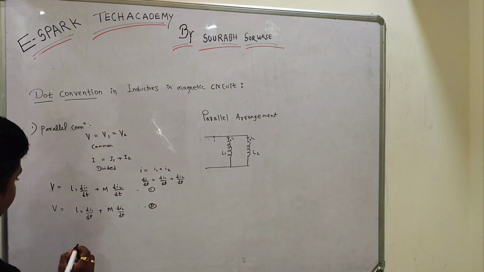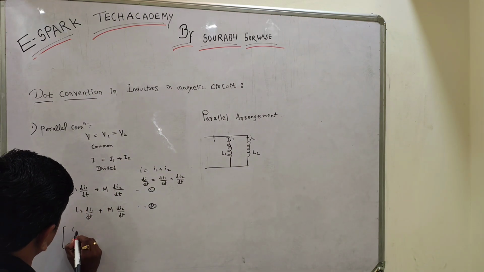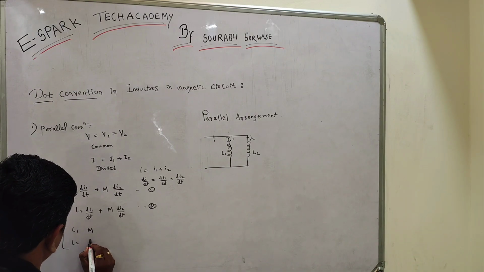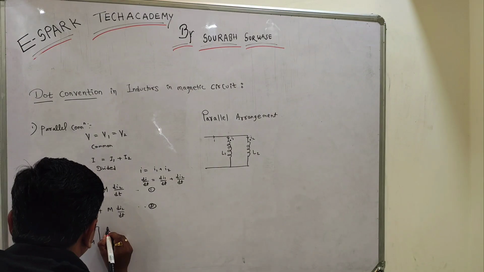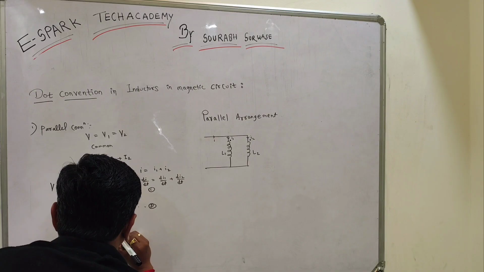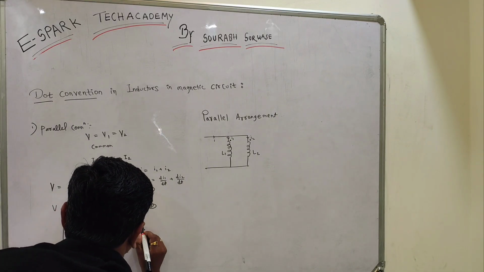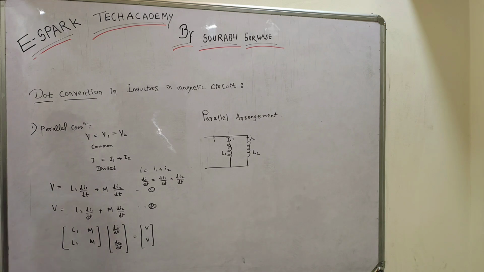Now I will form the matrix here: L1 M, L2 M, multiplied by di1 by dt and di2 by dt, is equal to V, because these voltages are the same in parallel connection.